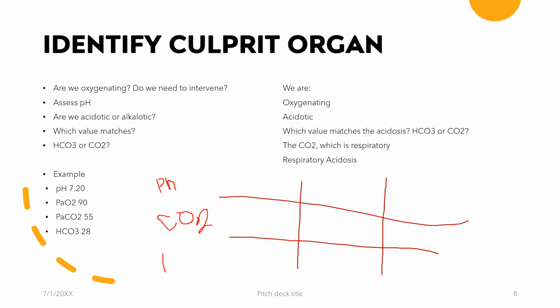And then our HCO3. And then this is going to be acid, N for normal, alkalotic.